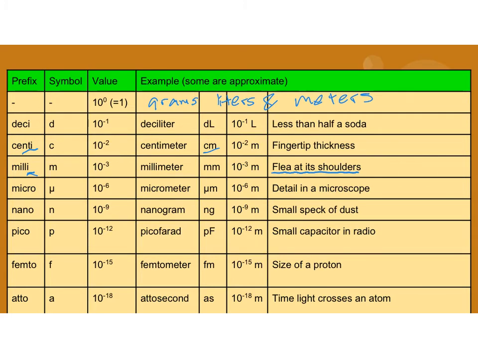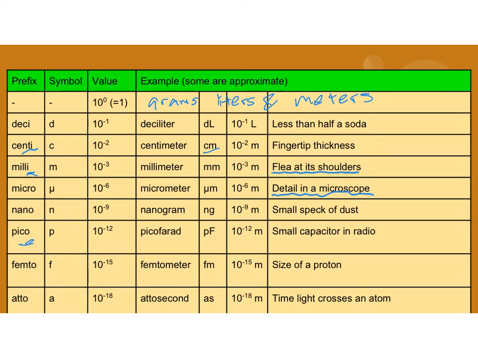A micrometer, that is 10 to the negative 6. Now we're getting even smaller. This is the detail we see under a microscope. A nanogram, that is 10 to the negative 9, still getting smaller. That is the mass of a very small speck of dust. A pico is our next prefix.